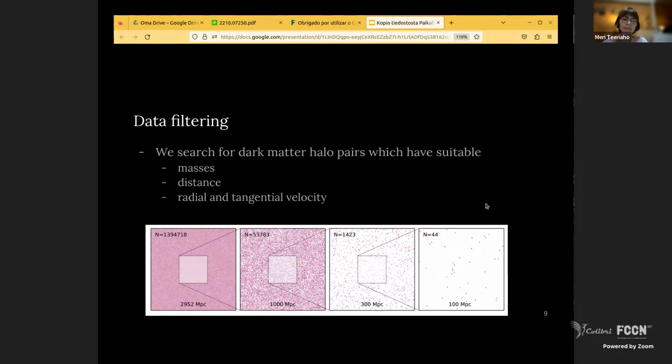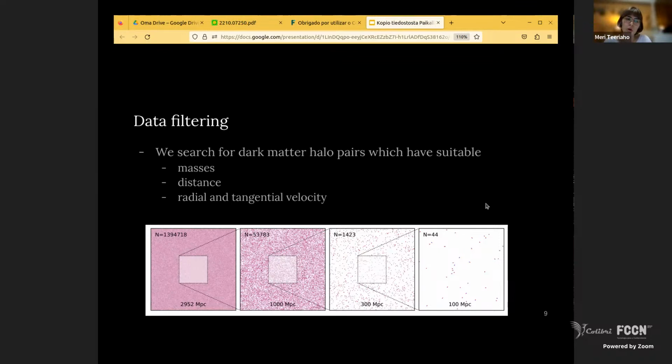So we will use some limits for the masses and distance, because we know that the Milky Way and Andromeda can't have some masses that are really high or some distances that are really, really large. So we are limiting the data and then choosing some pairs that are useful for us.